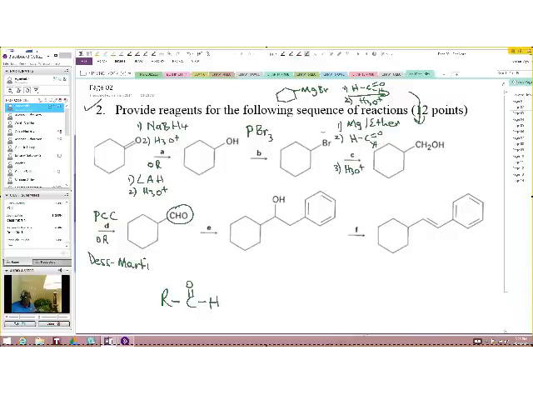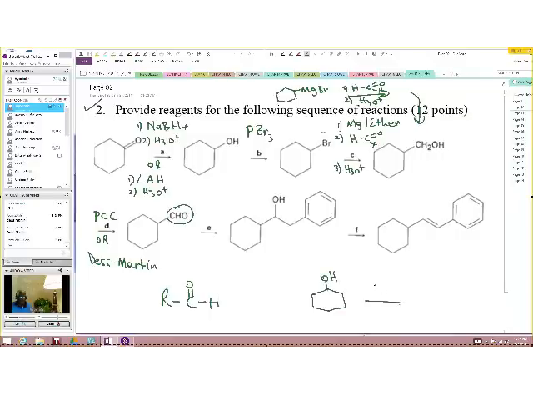Now, these two reagents will transform a primary alcohol to an aldehyde. They will also, incidentally, transform a secondary alcohol to a ketone. So they do react with a secondary alcohol to give a ketone.